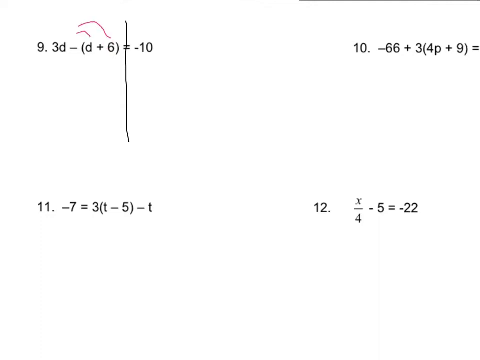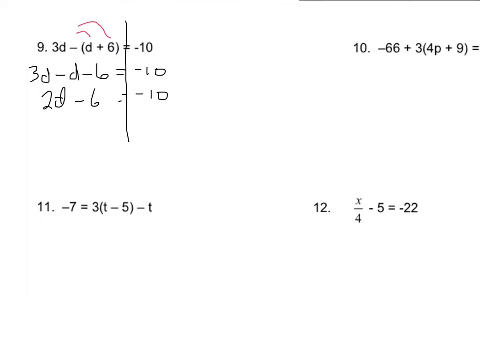So I have 3d minus d minus 6 equals negative 10. Combine the 3d and the negative d, gives me 2d minus 6 equals negative 10.